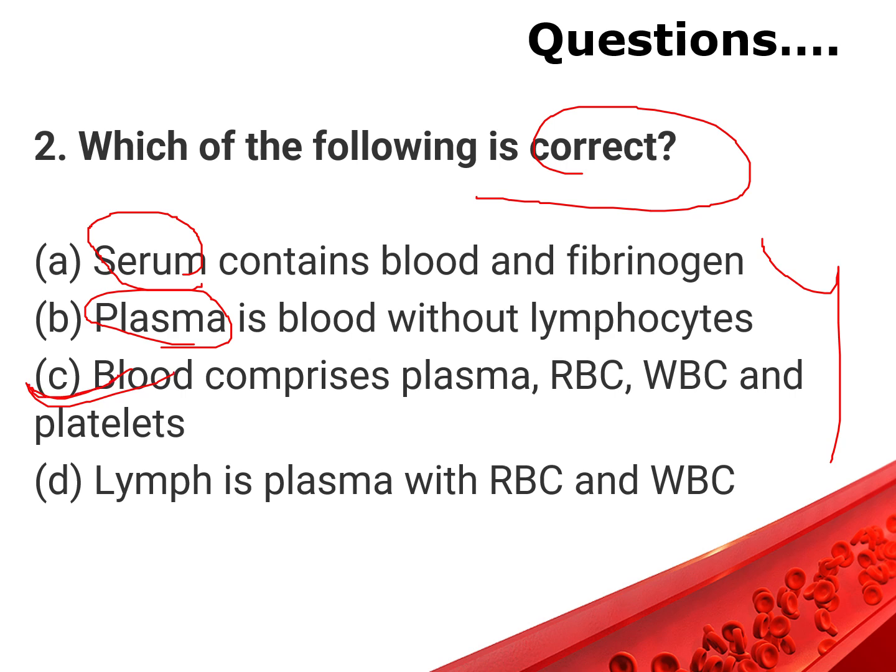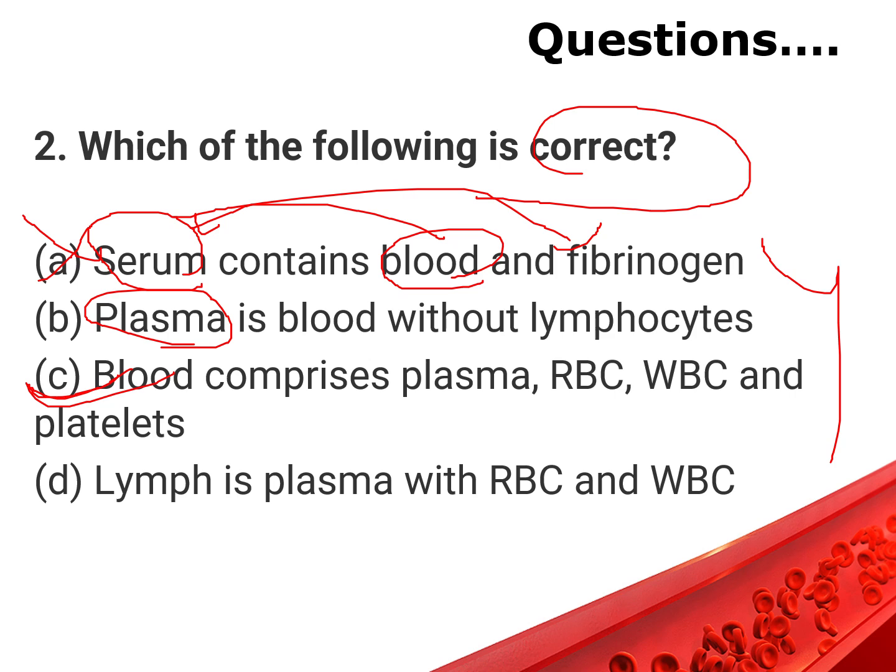Why are the others wrong? First of all, serum contains blood and fibrinogen. Serum does not contain blood, because blood itself contains serum. Serum does not contain fibrinogen. So the first option is incorrect. Second option, plasma is blood without lymphocytes.